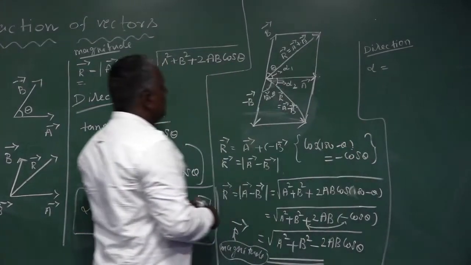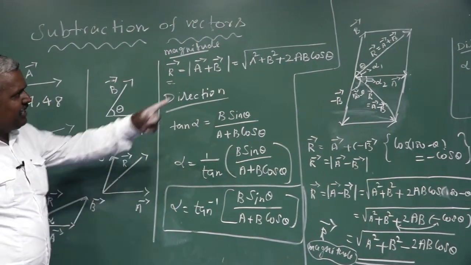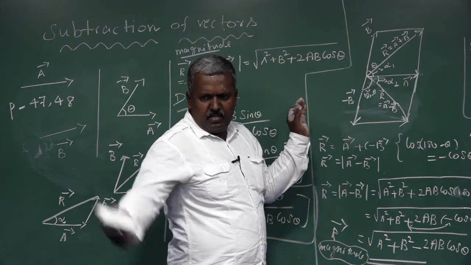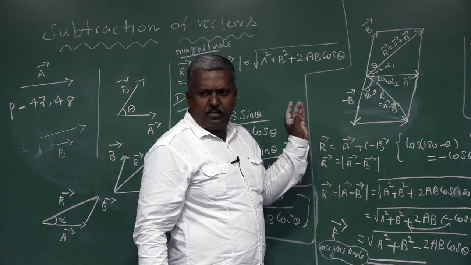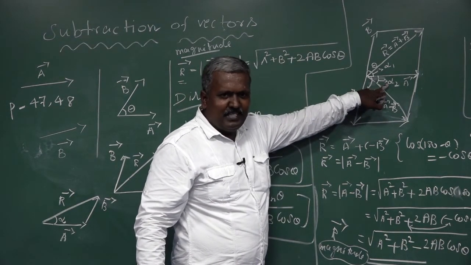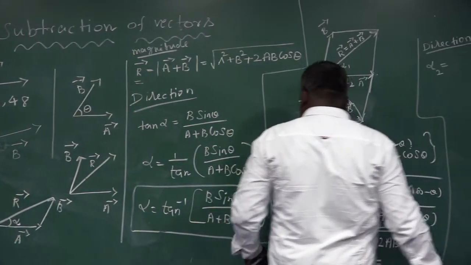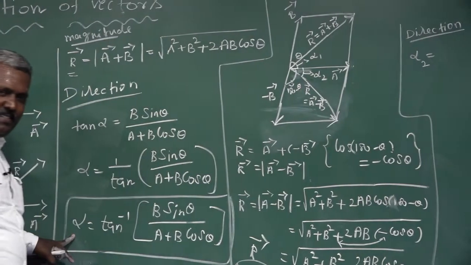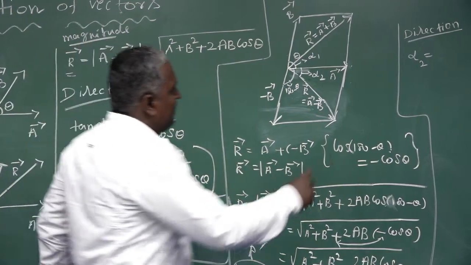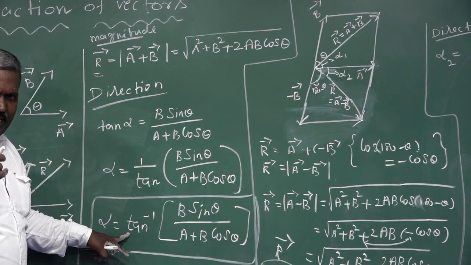But here the angle, see the diagram, is alpha 2, instead of alpha 1. Therefore alpha 2. Then the next step, tan inverse. Already you derived this formula with the help of the triangle of addition.